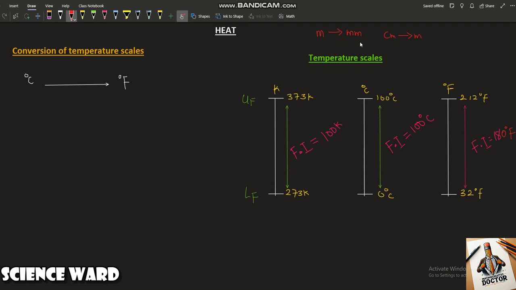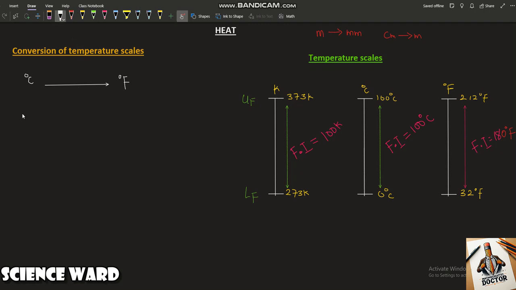To convert from centimeters to meters, I have my format already: 100 centimeters equals 1 meter, and I can use proportionality to obtain any other value I am looking for. Let us see how we're going to do it here.